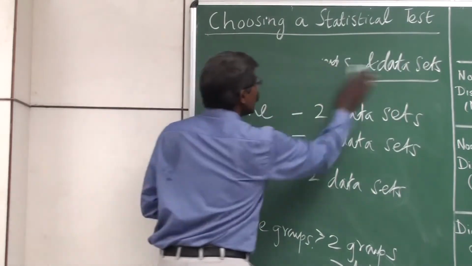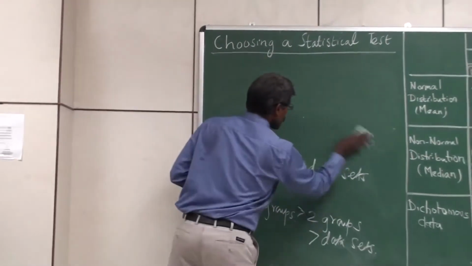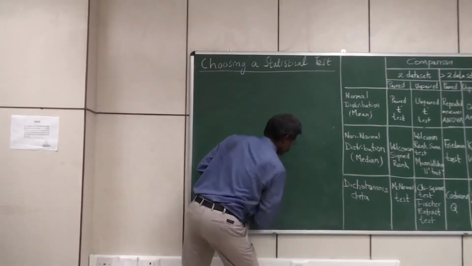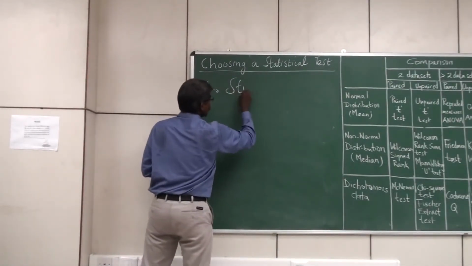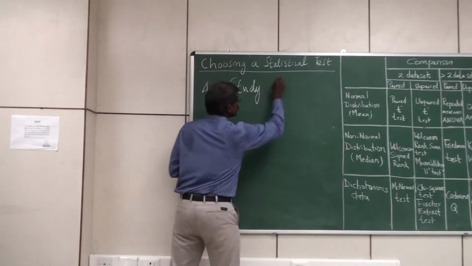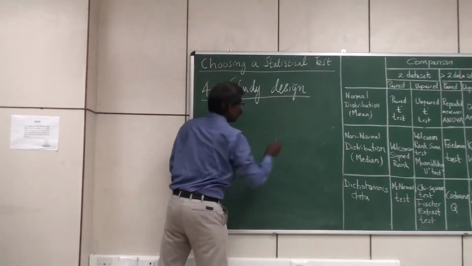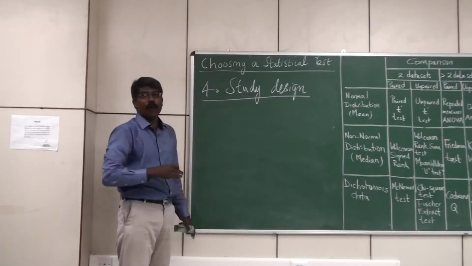Now let's go into the fourth factor which dictates the selection of statistical test. The fourth factor is the study design. In scientific research, all of you would have read about study design.